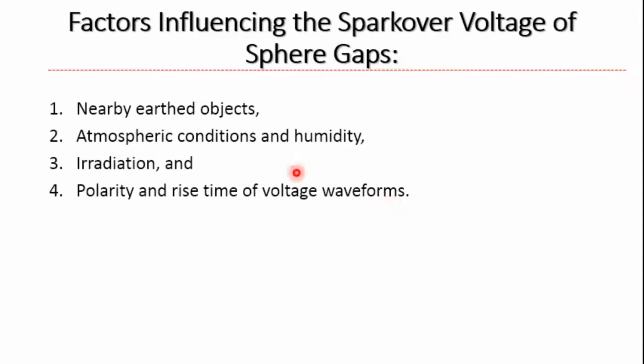It means that if there is a presence of an earth object, the breakdown strength may vary, mainly depending upon the atmospheric condition and the irradiation. It is also sensitive to polarity, in the case of DC positive and negative, and depends upon the rise and fall time of the waveforms, as in the case of impulse.